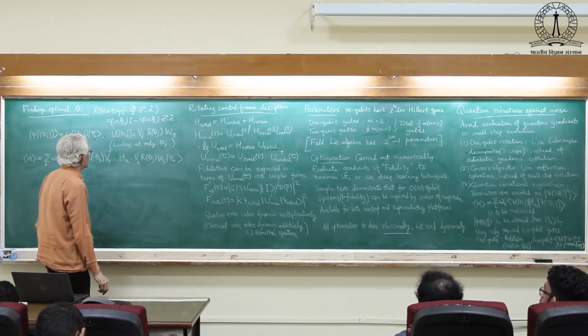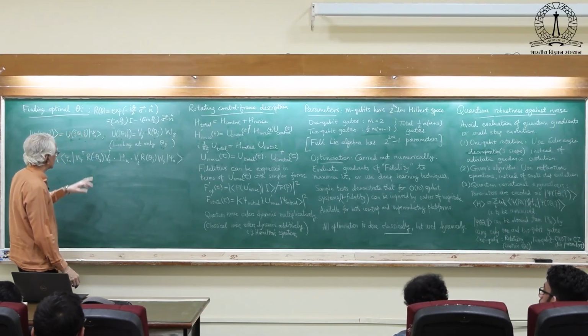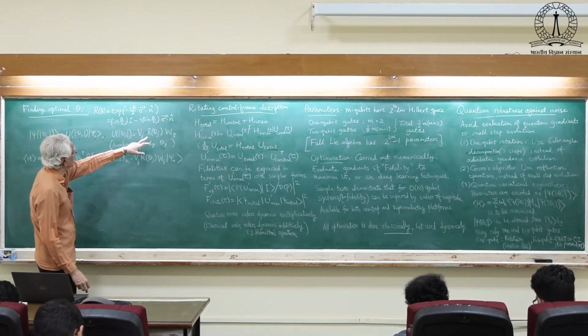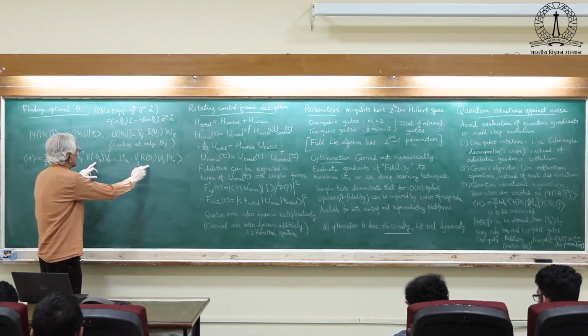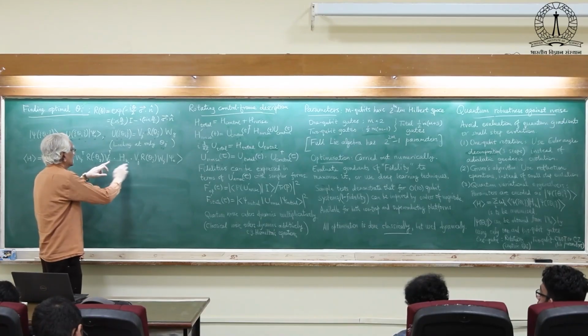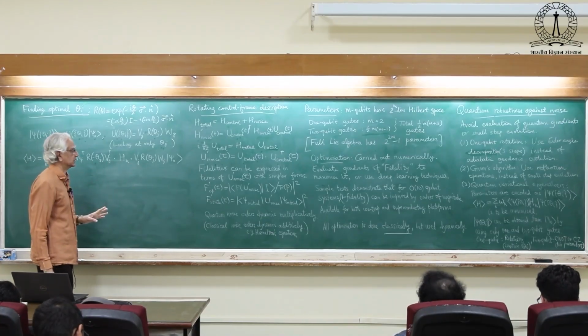Okay. So now we can ask, I want to optimize with respect to theta j, and that appears only in these particular factors. Everything else is independent of theta j.